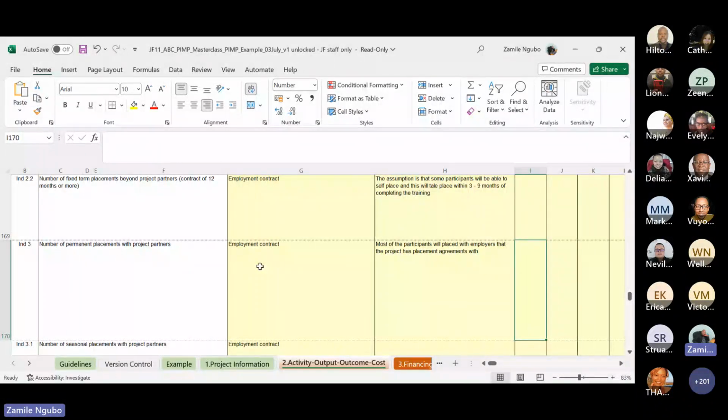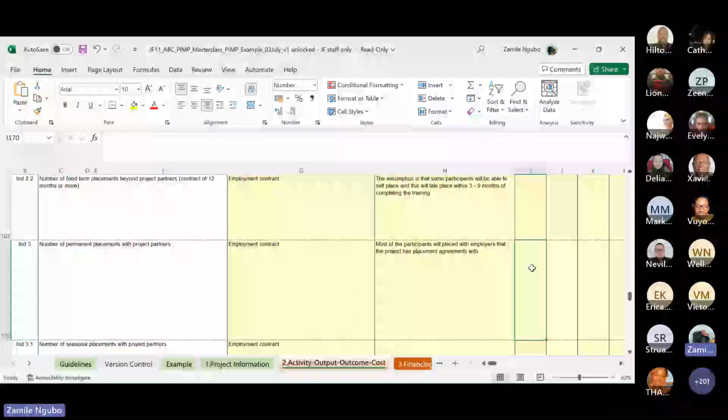So the project has signed placement agreements with employers. So we are assuming that those will be able to absorb the project participants.